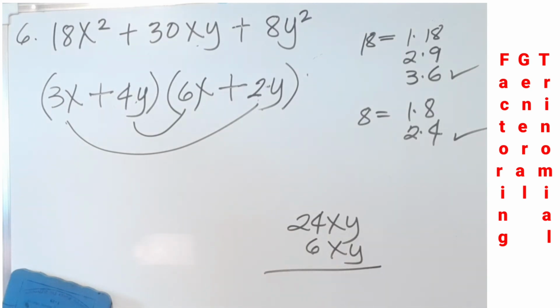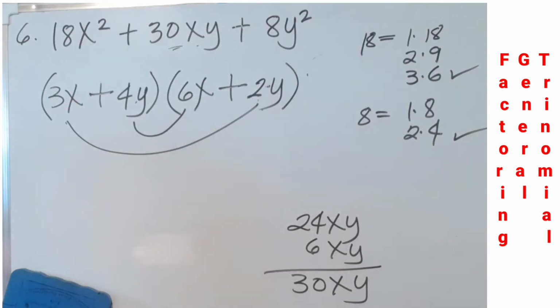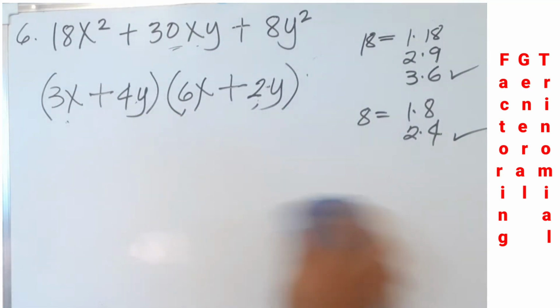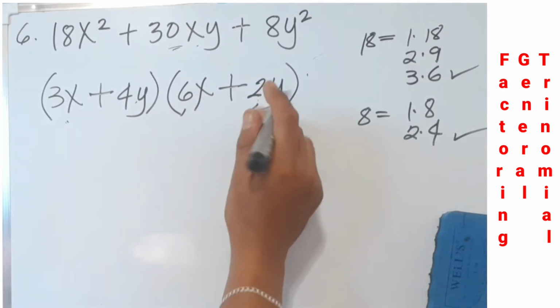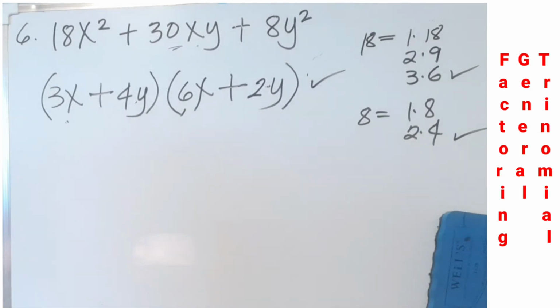They are both positive. 24 plus 6 is 30xy. Are we looking for 30xy? Yes, double check for 30xy. Meaning, these combinations are already the factors of the polynomial above.